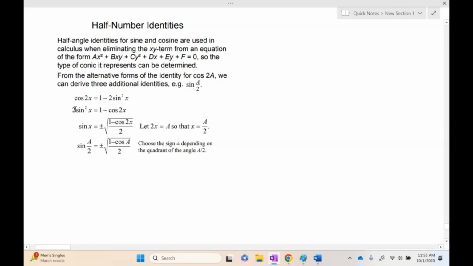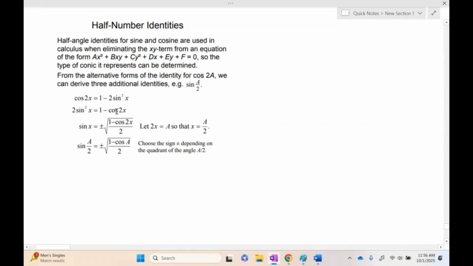And then they divided both sides by a -1. And then they flipped it around. So you get 2 sine squared x is equal to 1 minus cosine 2x. And then they divided both sides by 2. And then they used the square root property.